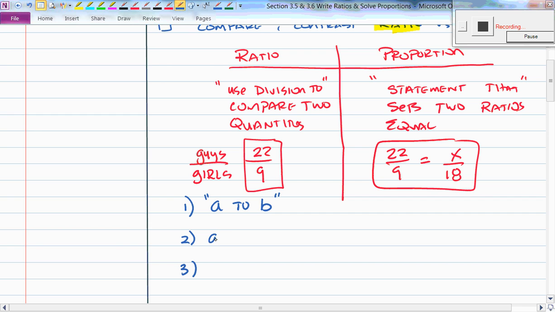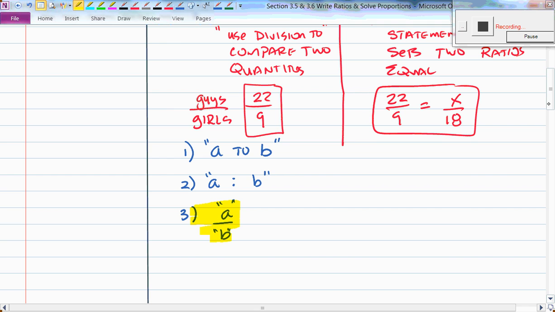We could say A colon B. Or we could do the most generic way, which is A divided by B. Most of the time, ladies and gentlemen, we're going to be using this one, but any one of those 3 ways is okay to write a ratio. Does that make sense? You can pick any one of those 3 ways.